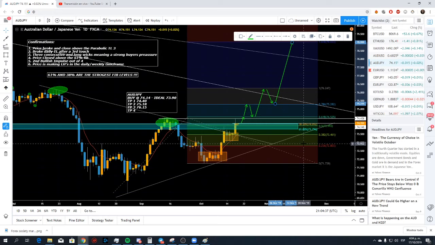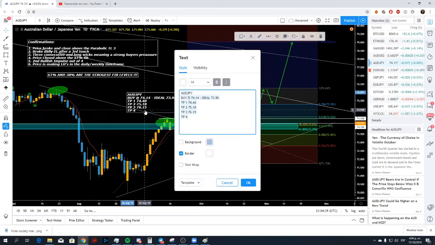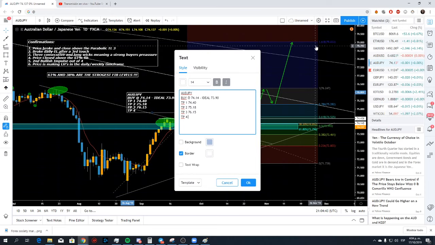Okay, so take profit 4 will be this level here. That would be your take profit 4. And let's see, 10 pips lower, 78.03.